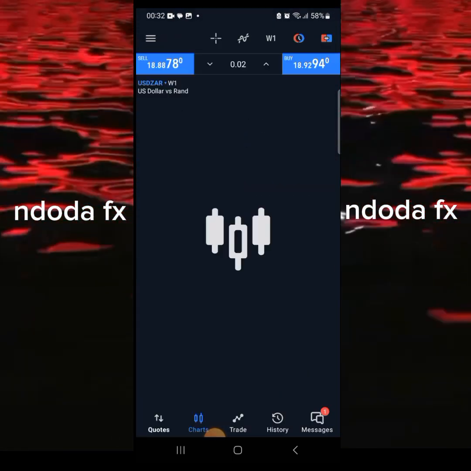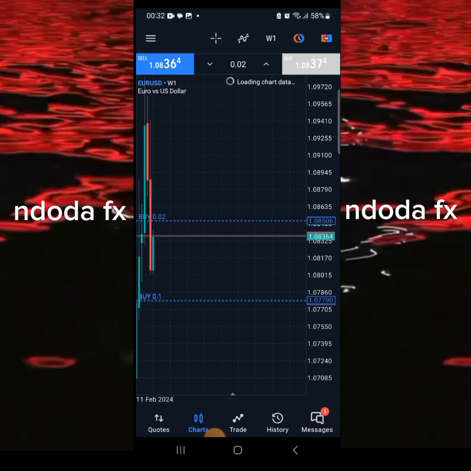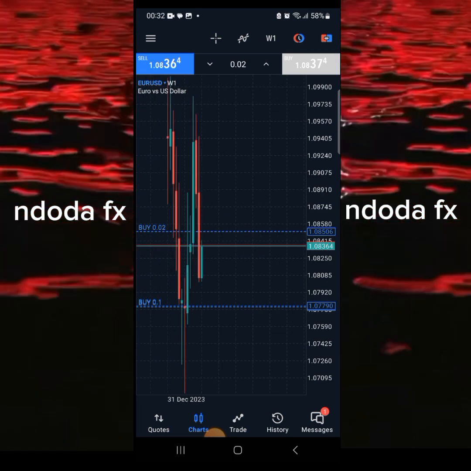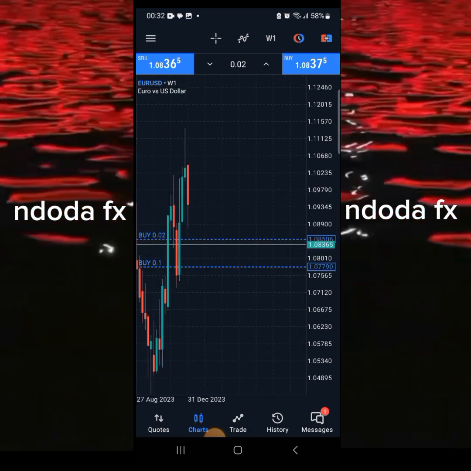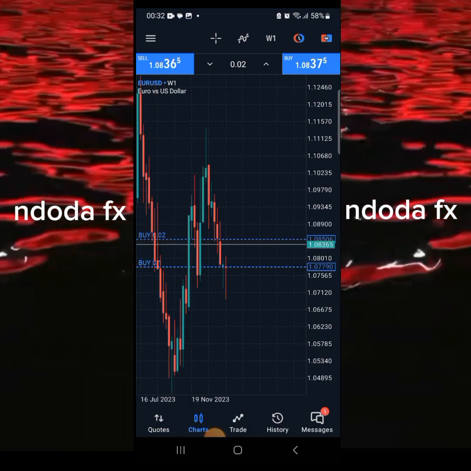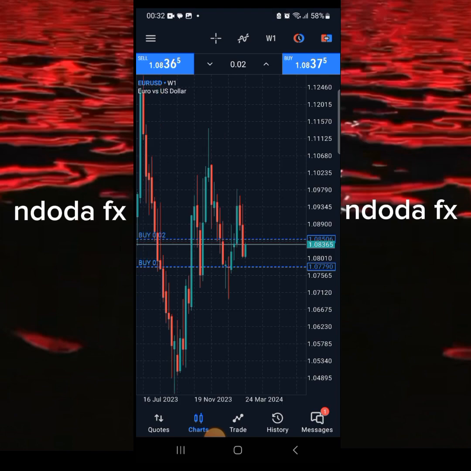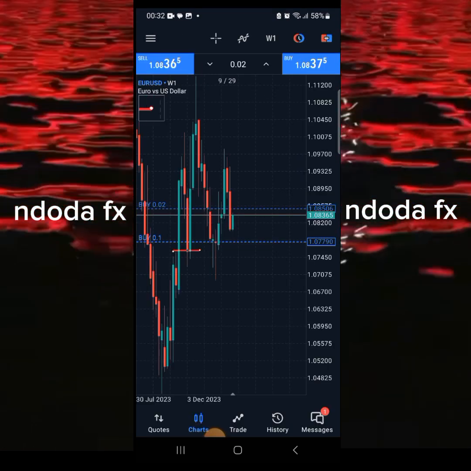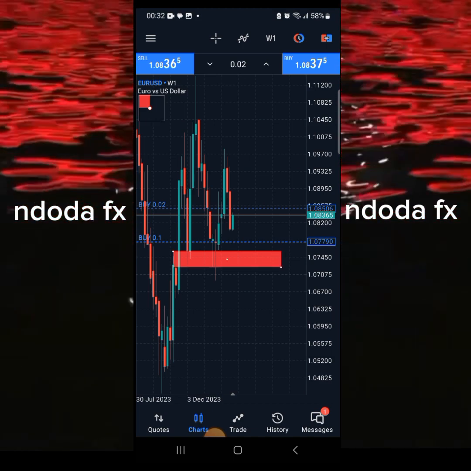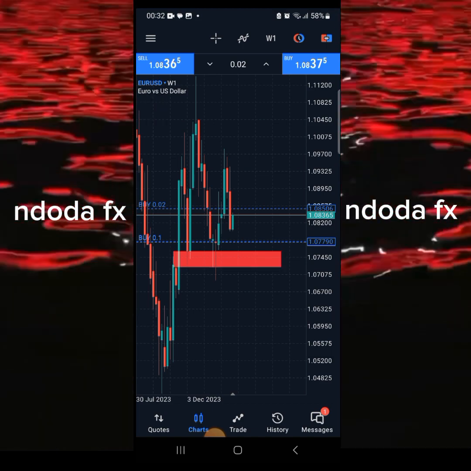EURUSD is the most traded currency pair. Still good. Why am I saying that? Because you can obviously see this beautiful doji, right?